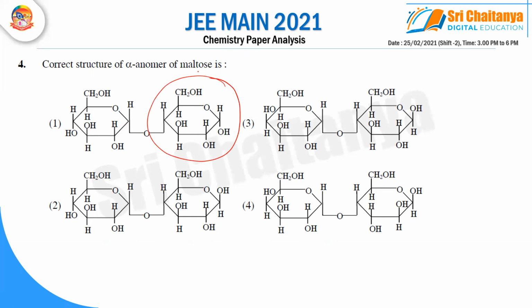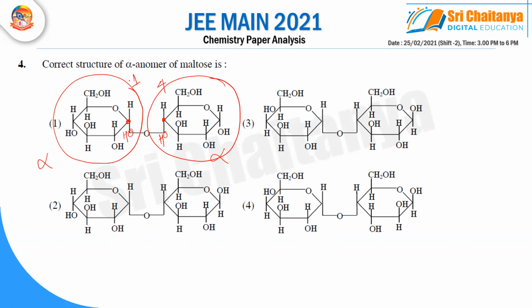This entire unit is glucose. If you put an OH here, this is the glucose, and this glucose is alpha glucose. In a similar manner, if you put an OH here, then this will also become an alpha glucose, right? And now this one will be the 4th carbon, while this one will be the 1st carbon.